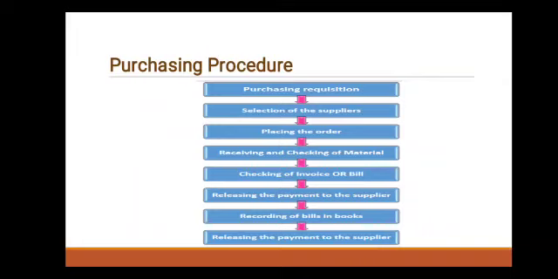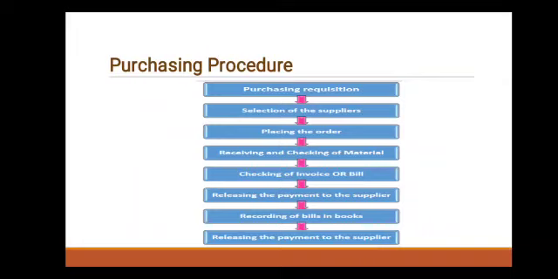First, purchase request. Second, selection of the suppliers. Third, placing the order. Fourth, receiving and checking of material. Fifth, checking of invoice or bill. Sixth, recording of bills in books and seventh, releasing the payment to the supplier. We will discuss one by one.